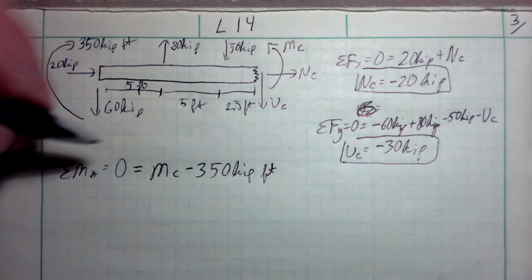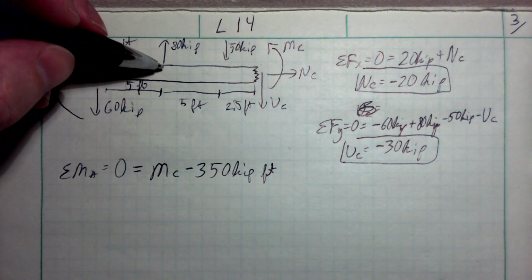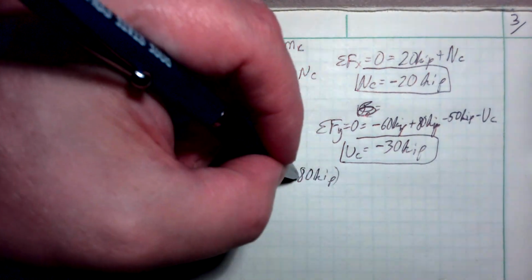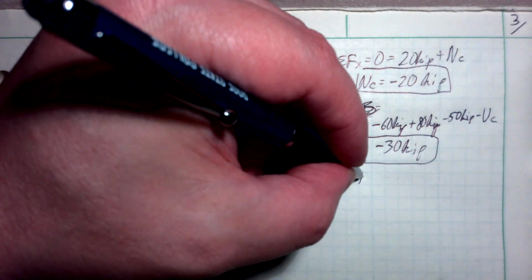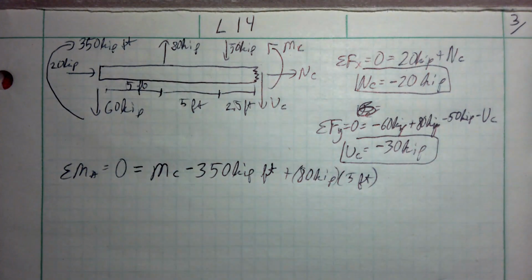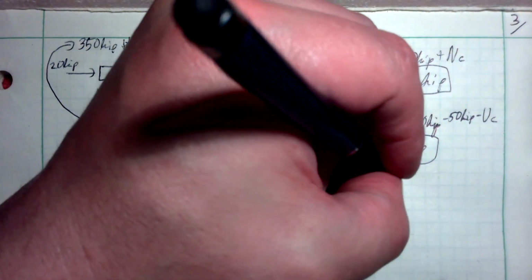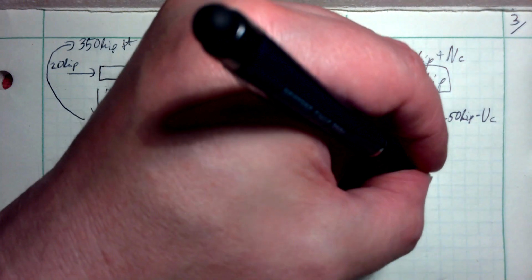So this 80 kips is causing a positive moment. It's 80 kips at 5 feet. It's causing counterclockwise rotation. 50 kips is causing a clockwise or negative rotation. So minus 50 kips, and that is at a distance of 10 feet.